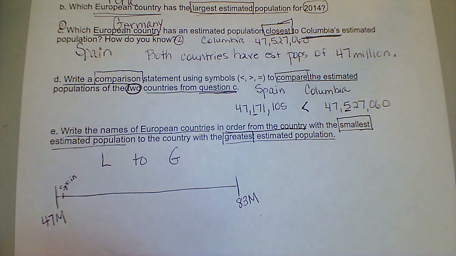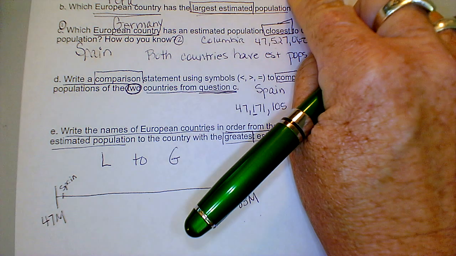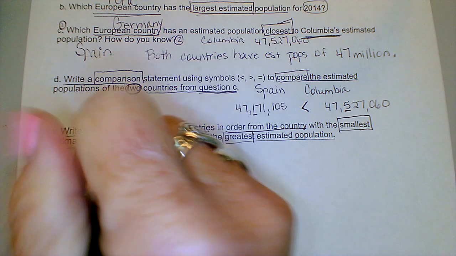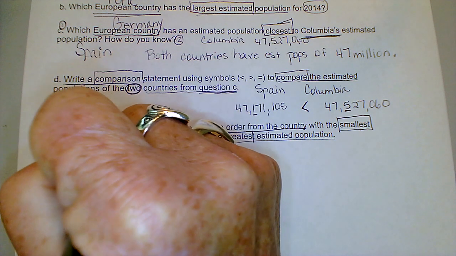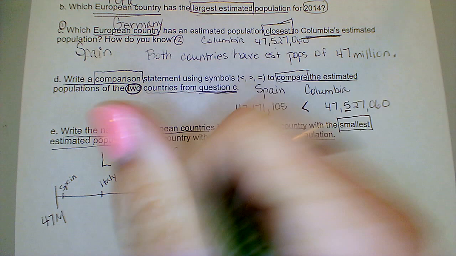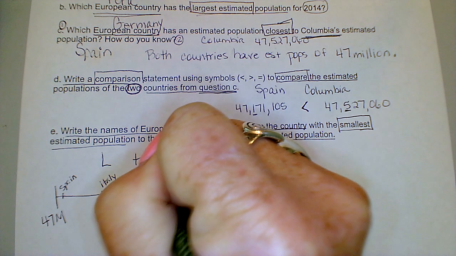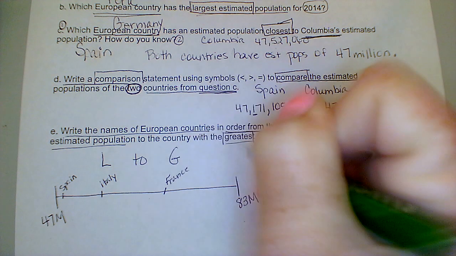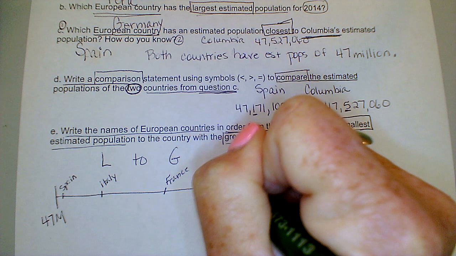So we've got Spain. Then you've got Italy at 61 million. Then France. And then Germany.